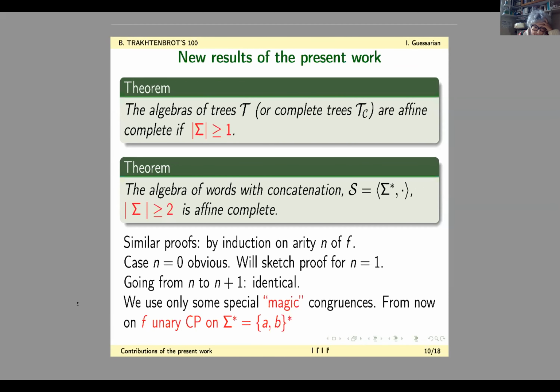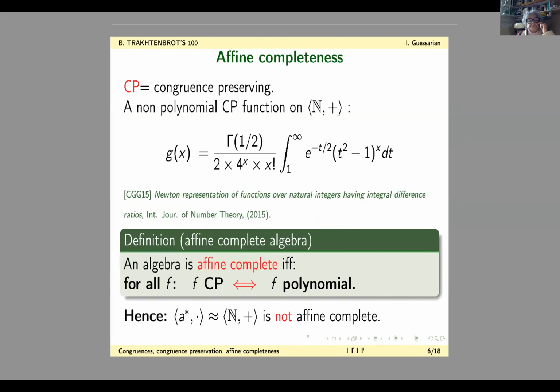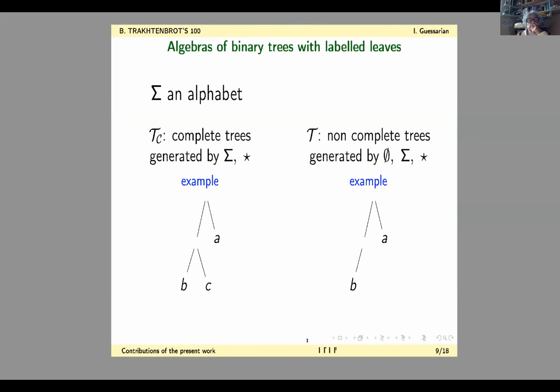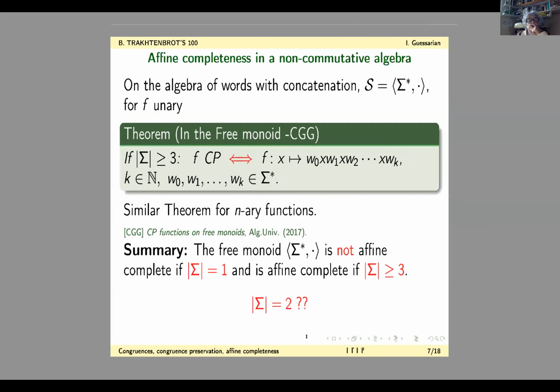And from now on, f is a unary CP function on the alphabet sigma, on the monoid sigma star generated by the alphabet A, B. Oh, and I forgot to say something that we had previously proved: that the free monoid with 3 generators was affine complete.